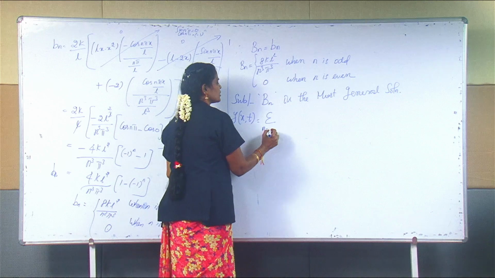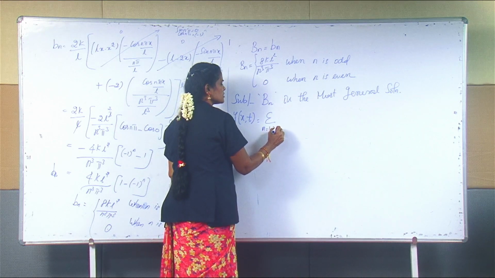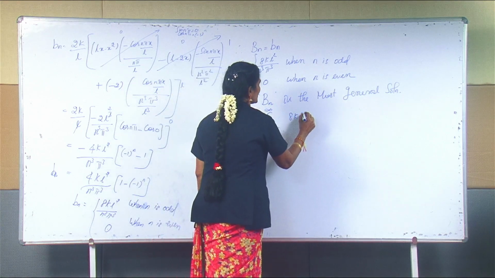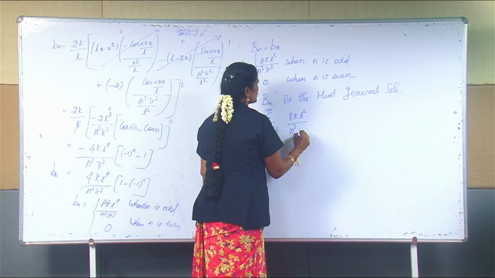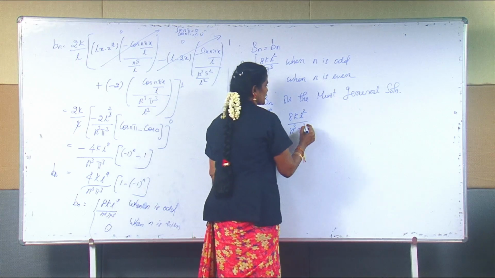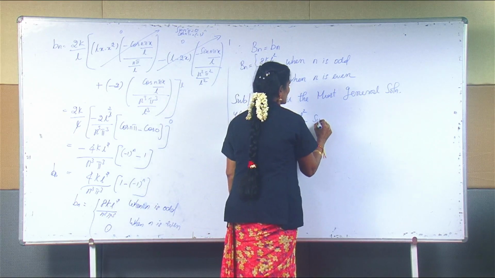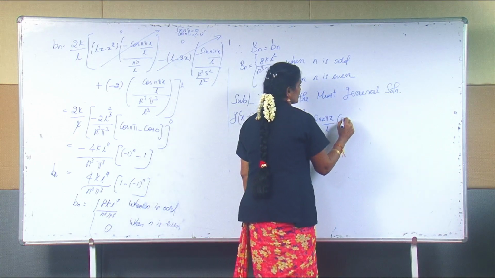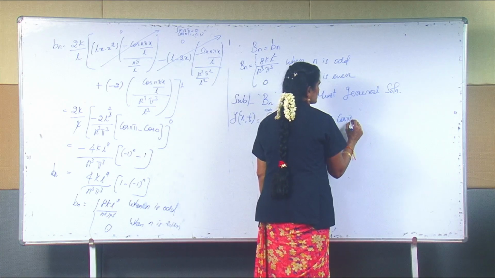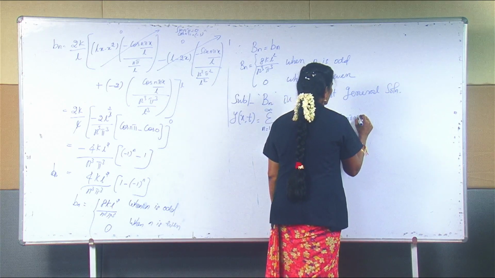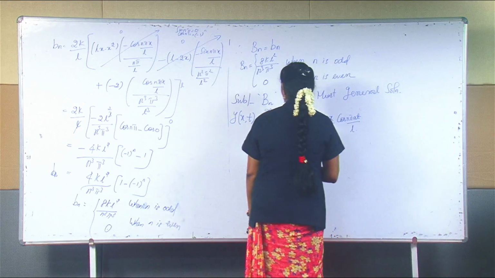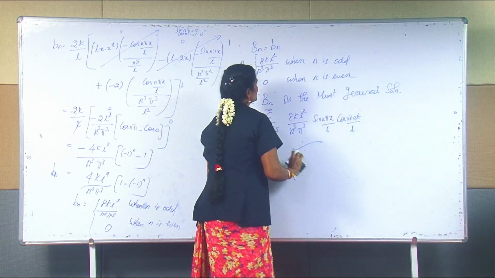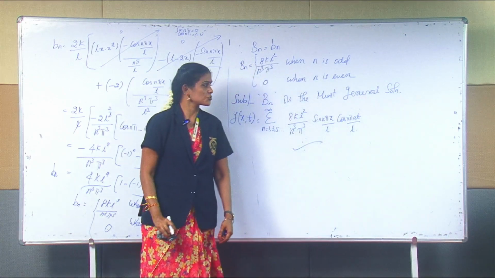You only consider the odd values, n equal to 1, 3, 5 etc. up to infinity, and your value is 8k L square divided by n cube pi cube into sin n pi x by L into cos n pi at by L. So, this is our most general solution.